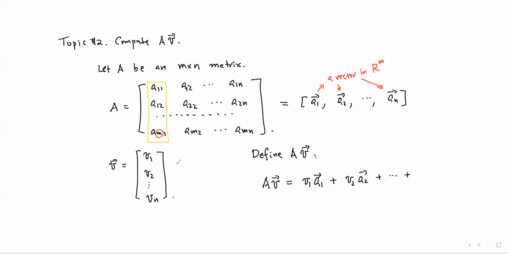So vector V is a vector in R^N. Now the last term is scalar Vn times the vector An.